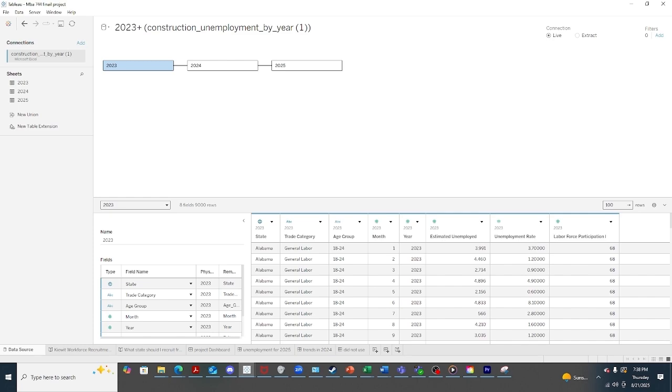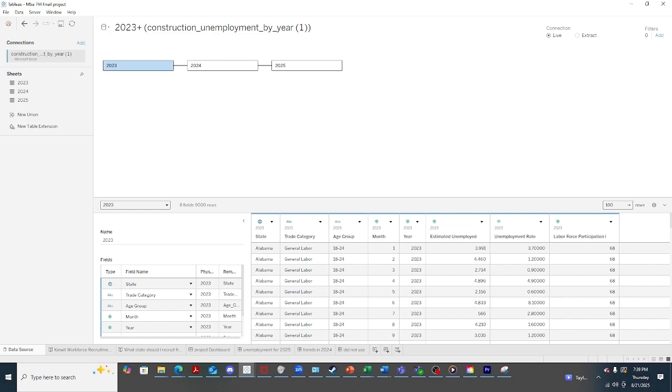Another one I used for my data set was FRED, Federal Reserve Economic Data. I used it to support unemployment statistics with broader economic context. FRED provides long-term trend series such as labor force, participation rates, and historical unemployment data.